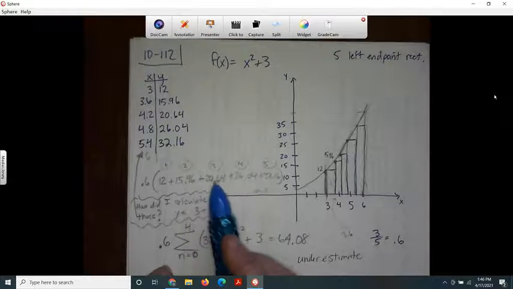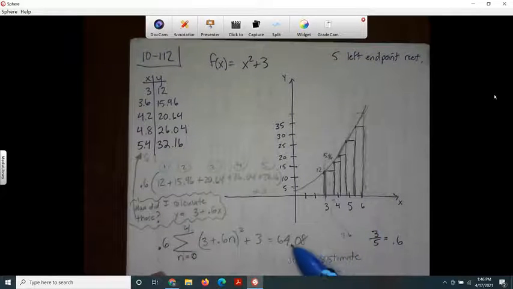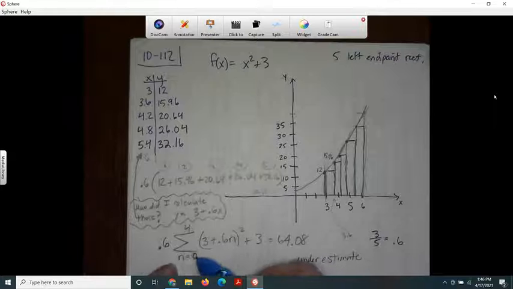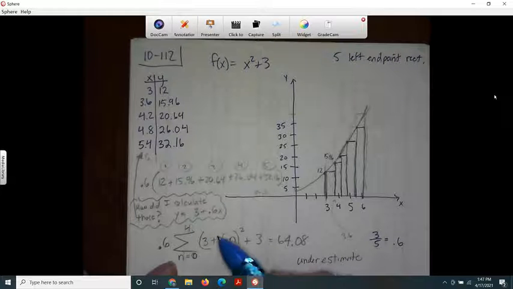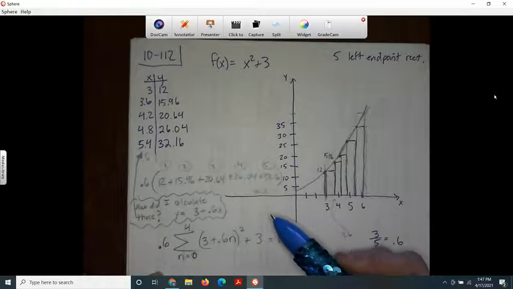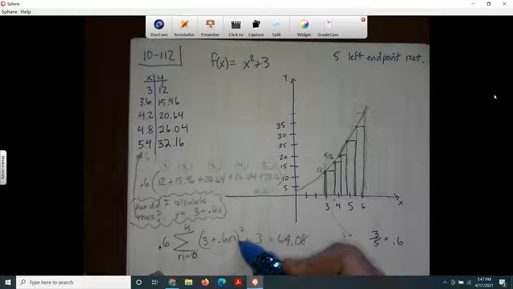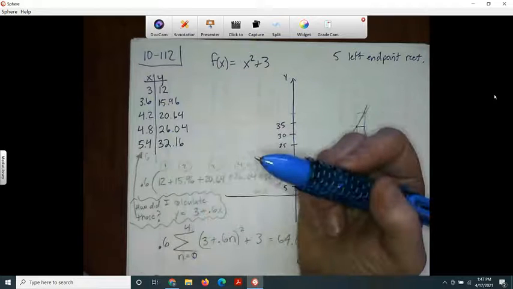It sums things up by plugging in integers. So if I start with integers between 0 and 4, I plug in 0 to this little formula. Well, 0.6 times 0 is 0 plus 3, that gives me my 3. When I plug in 1, then I get 0.6 times 1 plus 3, and that gives me my 3.6. When I plug in 2, I get 0.6 times 2, which is 1.2 plus 3. That's where my 4.2 comes from.